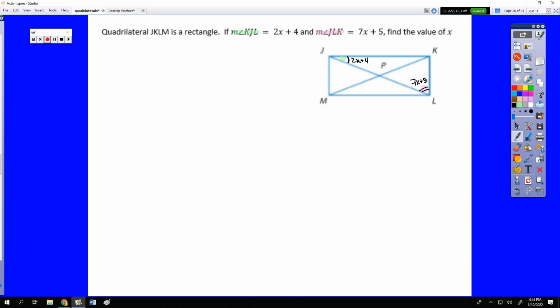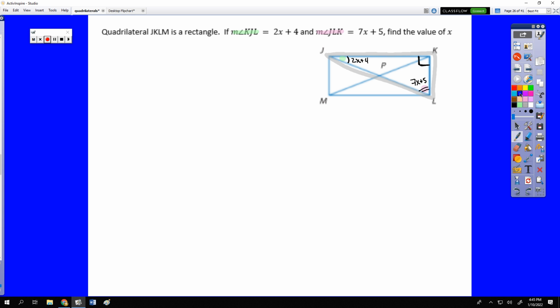Well, the other piece of information that they've given us here is that this is a rectangle. JKLM is a rectangle, which means angle JKL, this angle here, has to be a 90-degree angle because this is a rectangle. And then from there, we have to reach back and recognize that the diagonal JL creates a triangle in this picture.